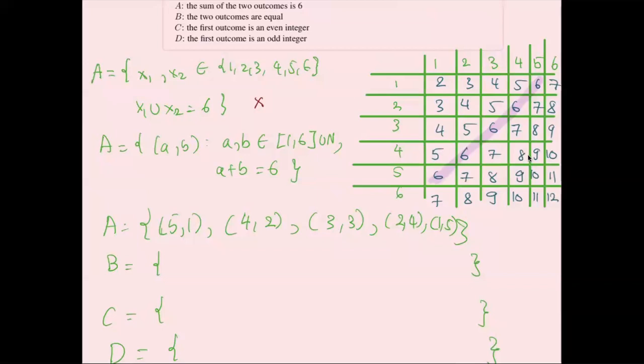Two outcomes are equal. You can either write this way using set builder notation, or this way where you actually list out all the outcomes such that two outcomes are equal.